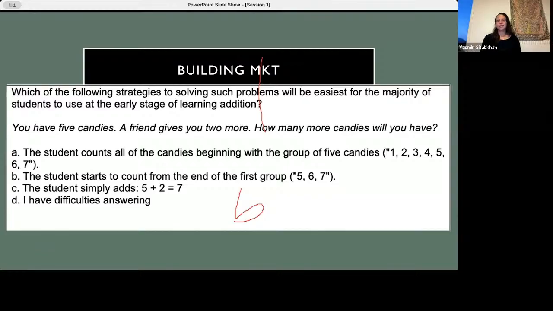So I see lots of A's and B's, no C's. So nobody is saying C, and nobody is saying D, unless, I'll just assume people that didn't answer have difficulties answering because I didn't hear from everyone.